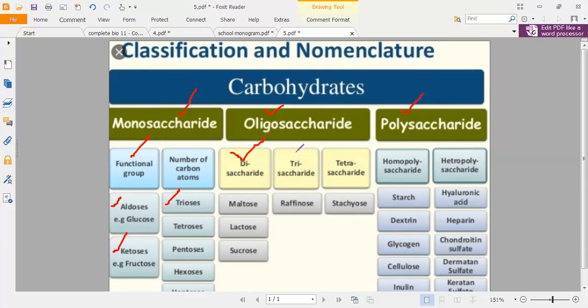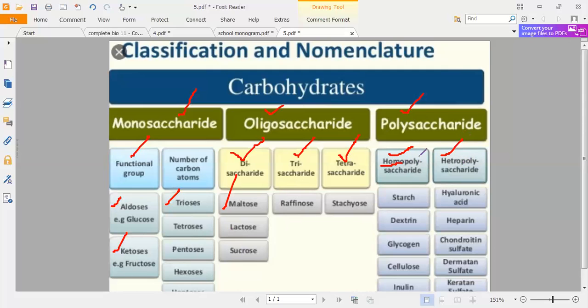With three monosaccharide units, trisaccharides. With four units, tetrasaccharides, and so on. Examples of disaccharides are maltose, lactose, and sucrose. Trisaccharide: raffinose. Tetrasaccharide: stachyose. Polysaccharides are of two types: homopolysaccharides and heteropolysaccharides.